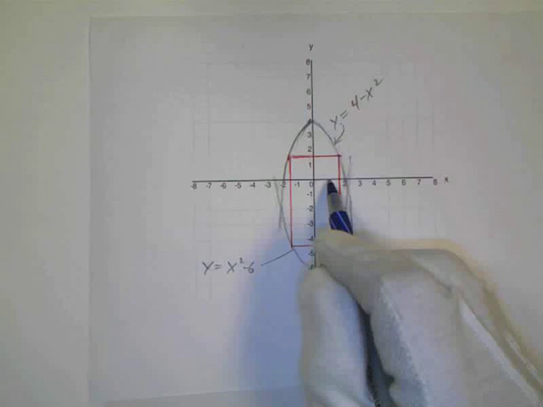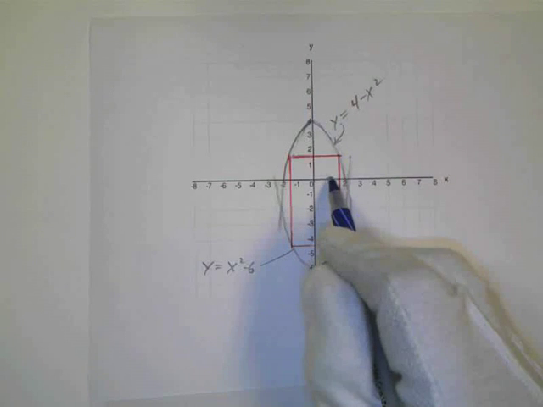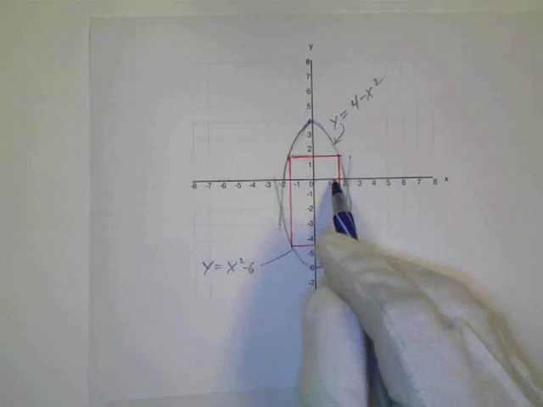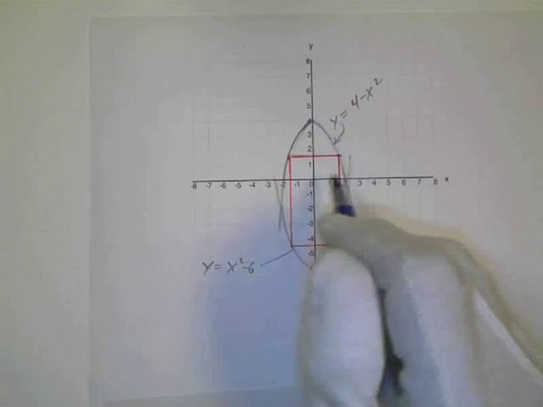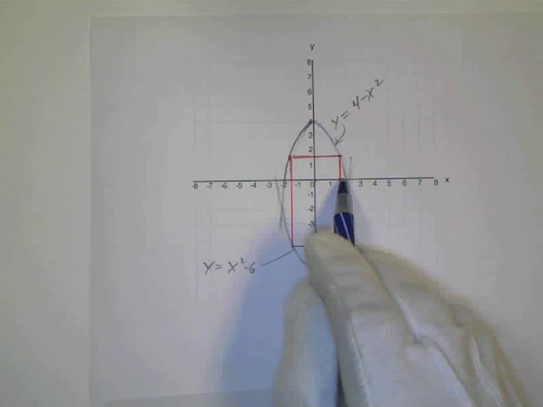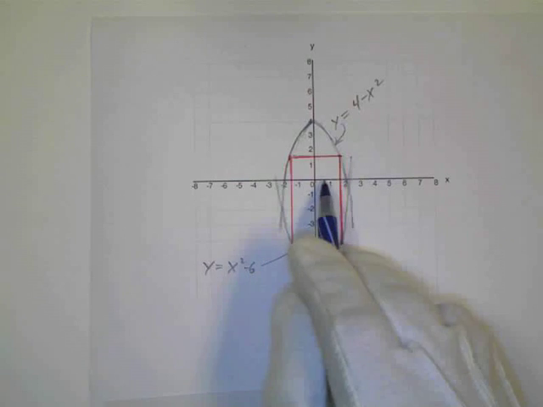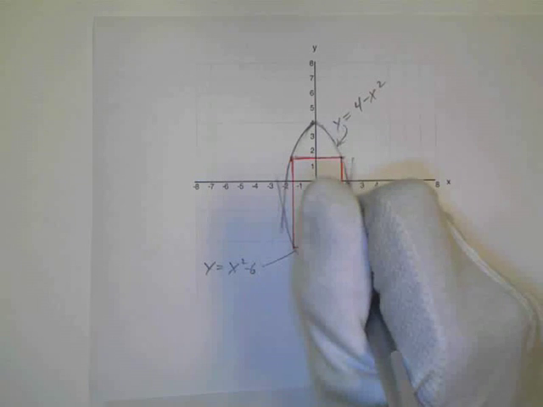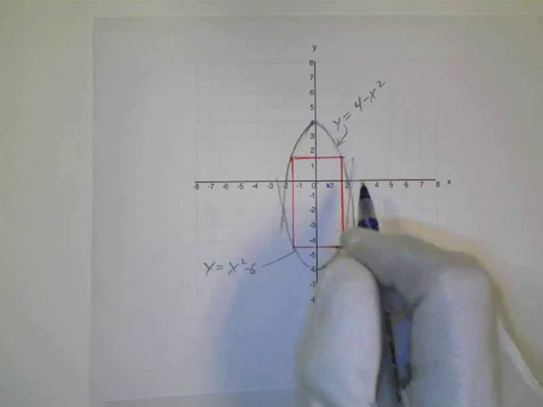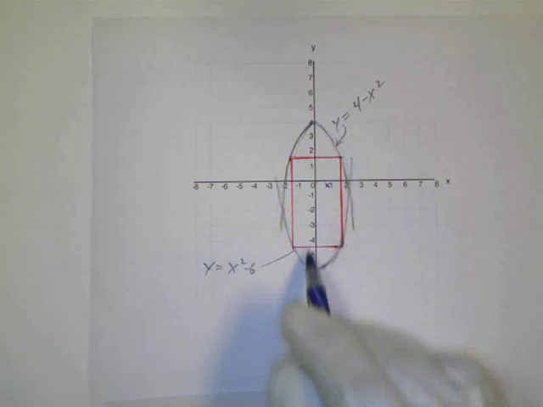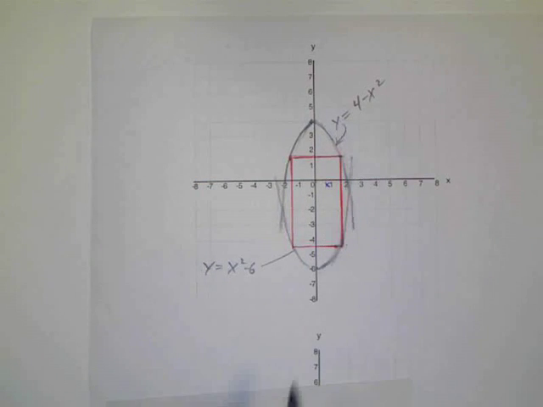Remember, wherever x is, the corresponding heights are going to be here and here. If I pick an x over here, the actual width of this rectangle will be 2x, because it's going to be x here and x there. If x was here, we'd have a taller, skinnier rectangle.